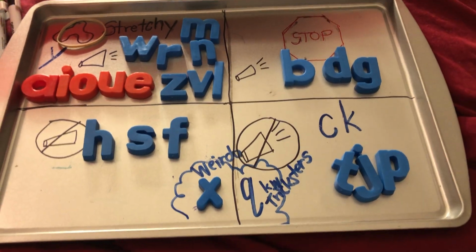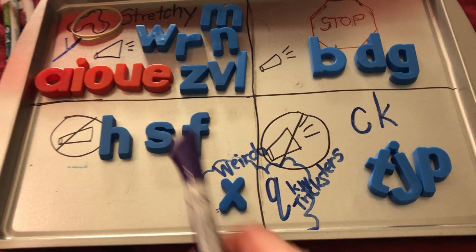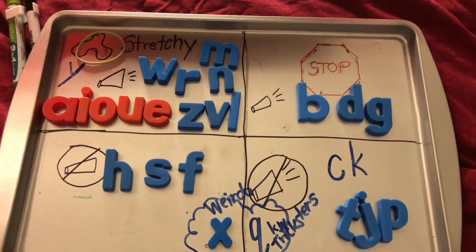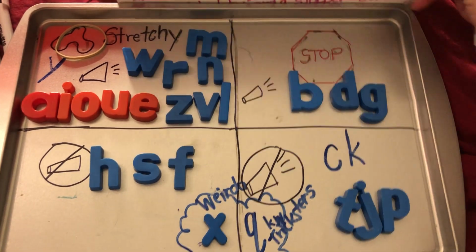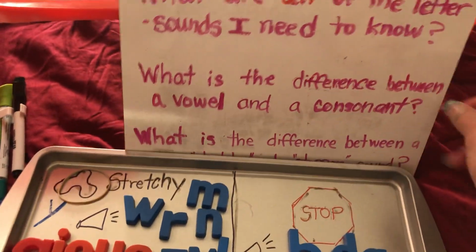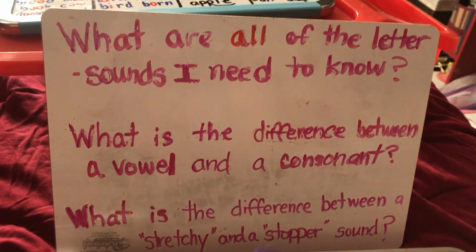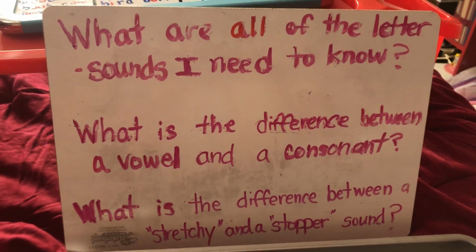Okay, and that brings me to the end of all of our short vowel and all of our consonant sounds, and the letters that represent those sounds. So now, when I end the video, you should turn and tell somebody at home, or talk to yourself, it's okay, to answer the following 3 questions.